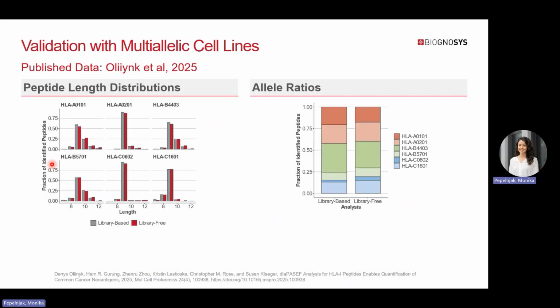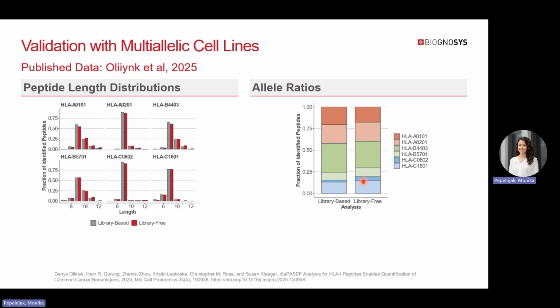We tested this as well by looking at the peptide length distributions. What you can see is that we see very different peptide length distributions between different alleles, which is something that is also known in the literature. However, between the two searches, we do not see significant differences. The same is true for allele ratios.